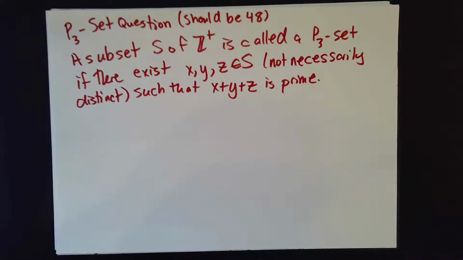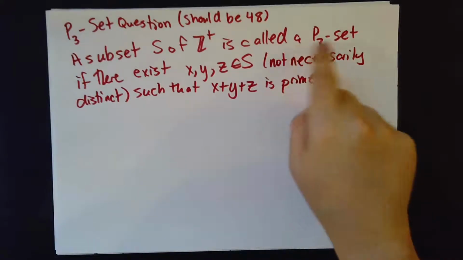Okay, so it is a set of positive integers with the property that there are 3 elements in the set whose sum is prime. Okay, and those 3 integers need not be distinct.